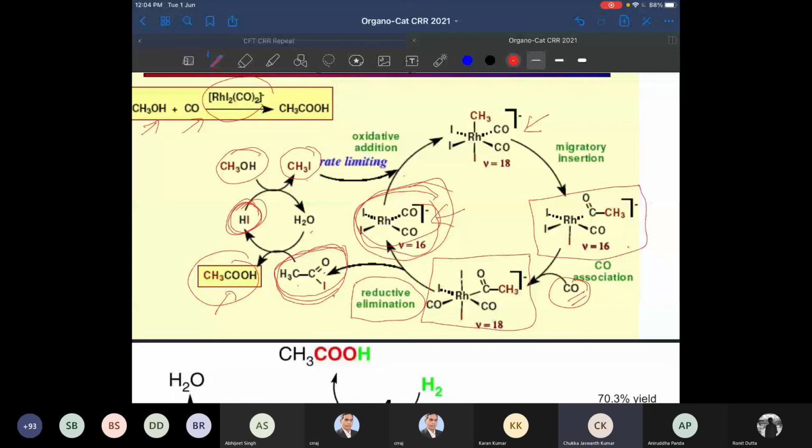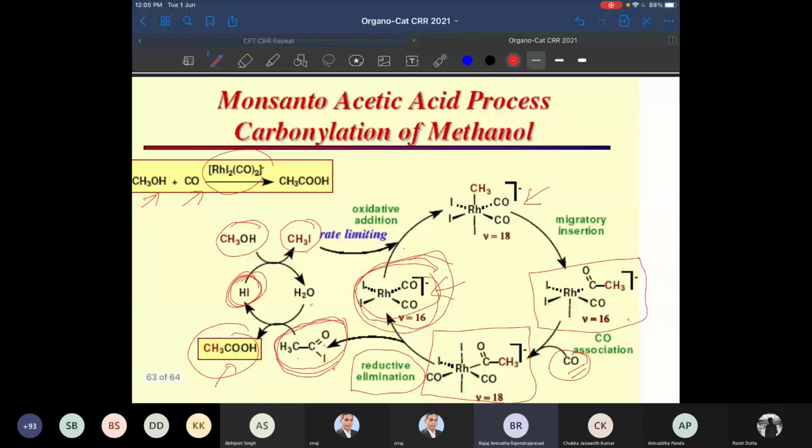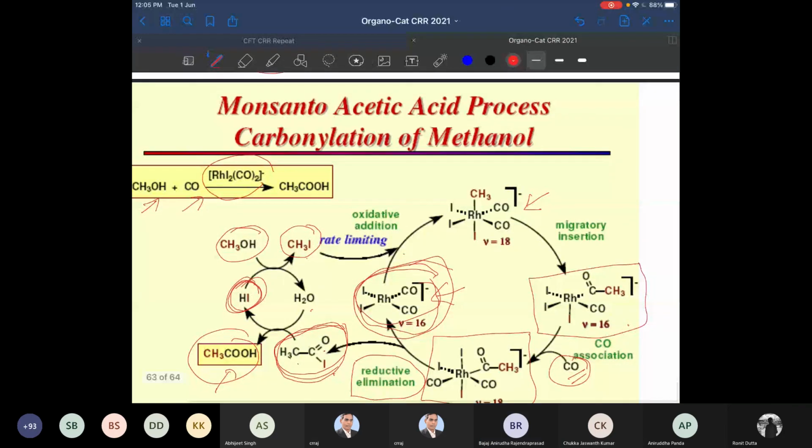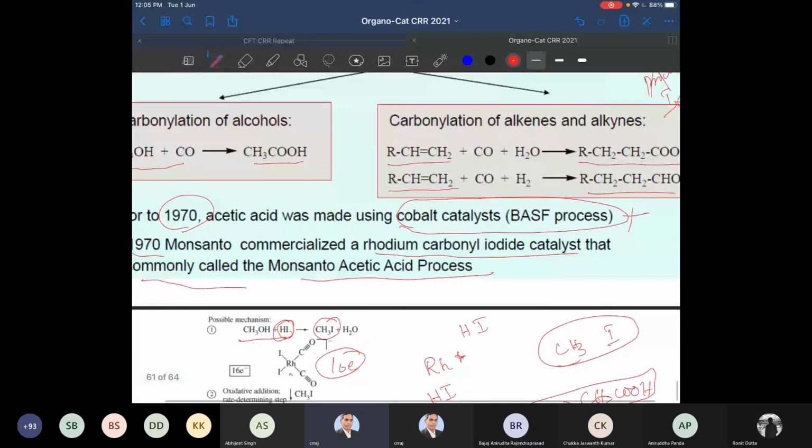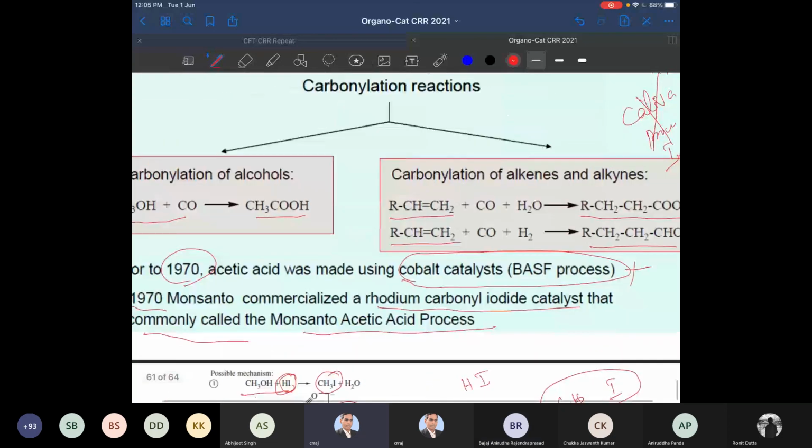Got it. Anybody else? Any doubt, either in the previous catalytic cycle or in this cycle?